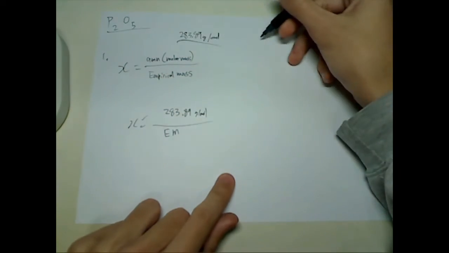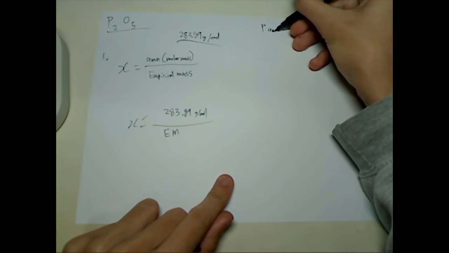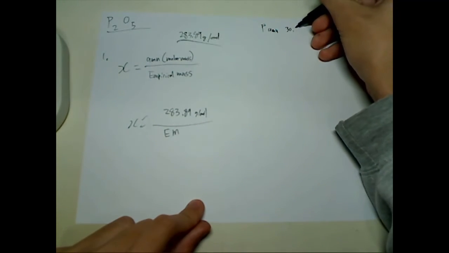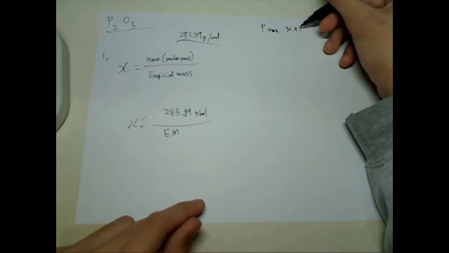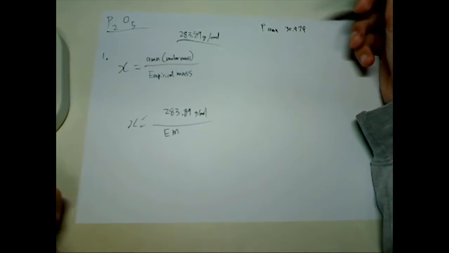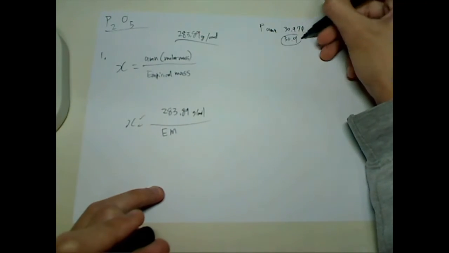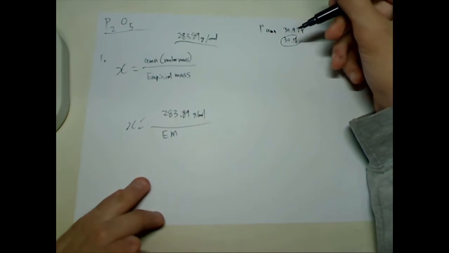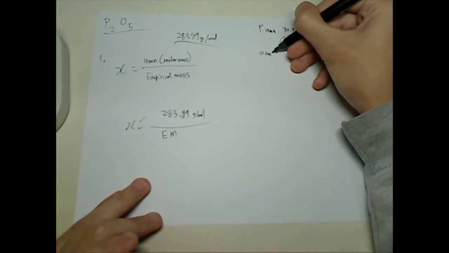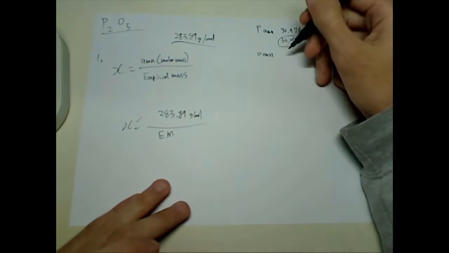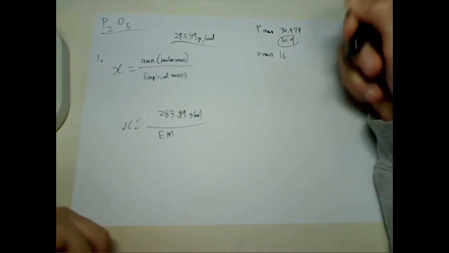P has an AMU of 30.97 something. We'll just say 30.9 for simplicity's sake. Oxygen has an AMU of 15.999, which we'll just say is 16 to keep it easy.